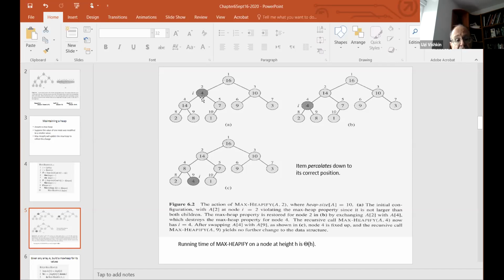Because we do one operation at this level, one operation at the next level, and then we reach a leaf. And when we reach a leaf, obviously, we are done. So that's the notion of max heapify.